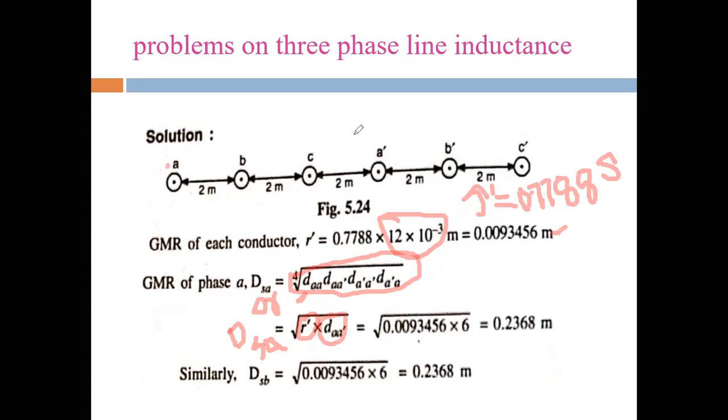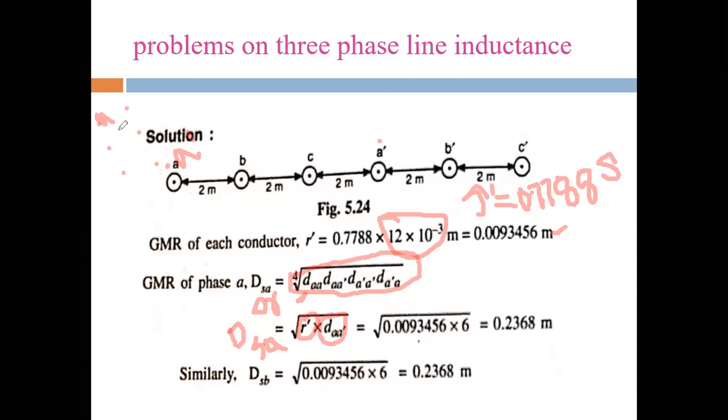This is A and this is A dash. What is the distance between A and A dash? In the previous problem we observed these conductors, with this the A conductor and this the A dash conductor.